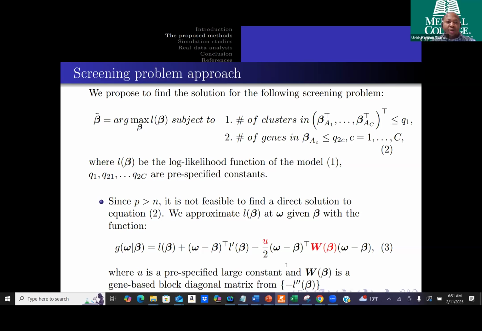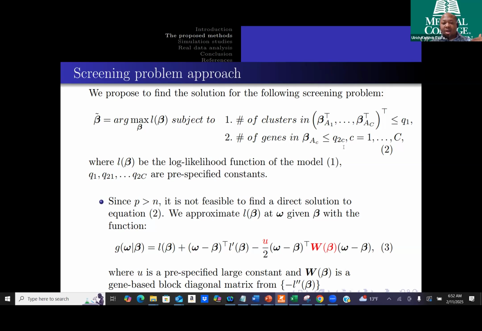What we want to do is to maximize the likelihood, given that the number of clusters is less than Q1, and for each cluster C, the number of genes in that cluster is less than Q2C. Here Q1 and Q2C are pre-specified constants. Because the number of covariates is very large compared to the sample size, equation 2 is not solvable.